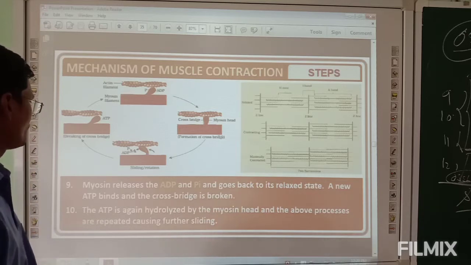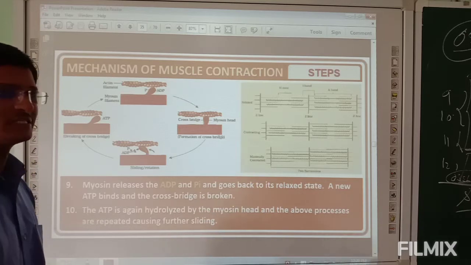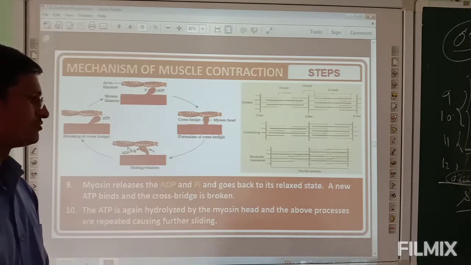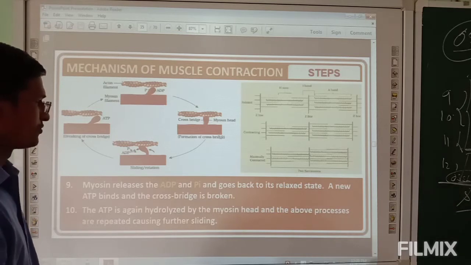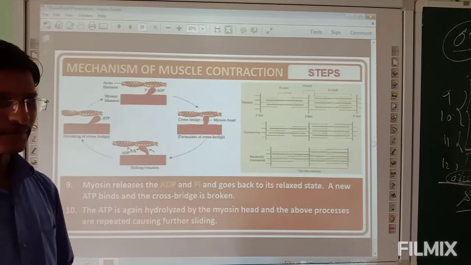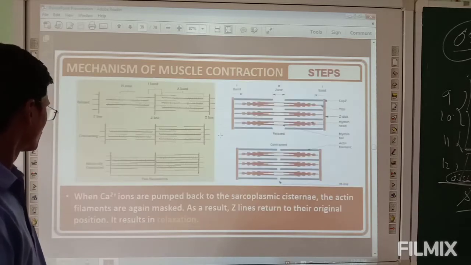A new ATP binds and the cross bridge is broken, and the ATP is again hydrolyzed by the myosin head, and the above processes are repeated causing further sliding. Okay, so these are the steps.